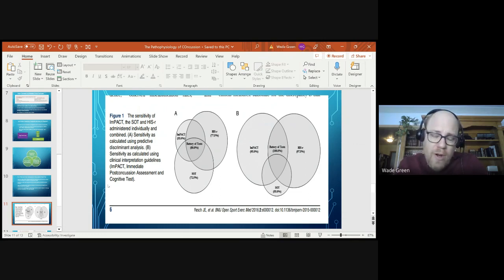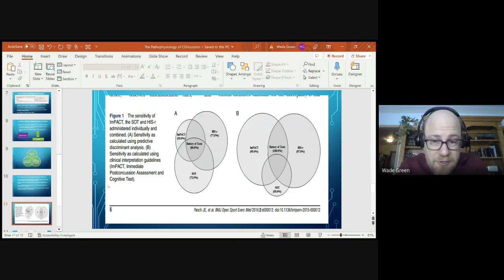What he noticed here is that when you just rely on a symptom scale, you're only going to classify 77.5% of your concussions correctly. You will actually miss about 23 to 24% of your concussions if you only use a symptom scale. And there are different reasons for that we'll talk about.